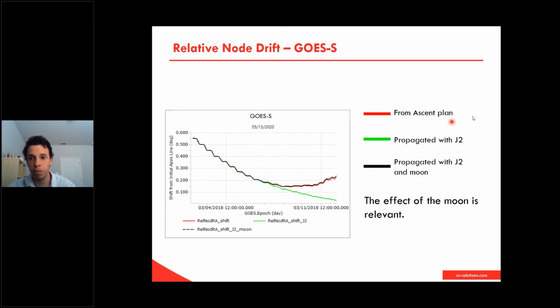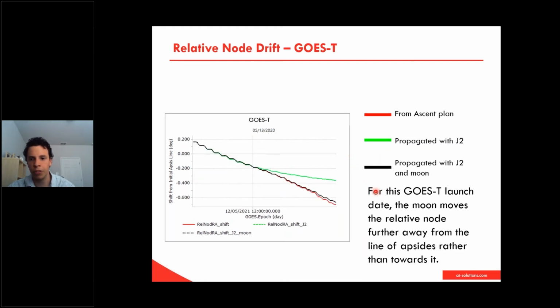Here from the ascent plan is a full fidelity model. Here we're propagating taking only into account J2 perturbations. It doesn't really match what we observe. But once we incorporate the moon, we see what's the main driver behind that drift.